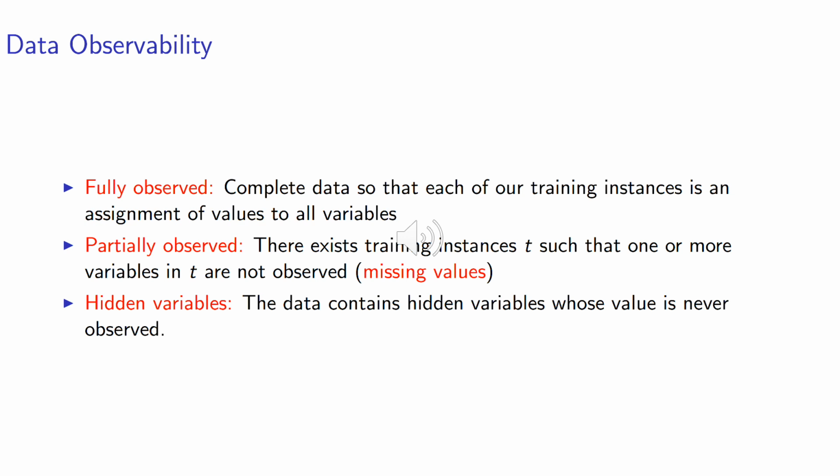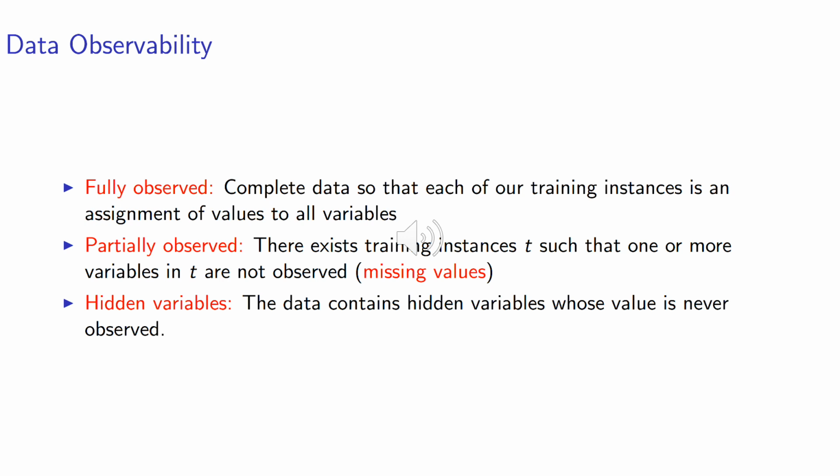Namely, there exist training examples T in the training data such that one or more variables are unobserved in T. The final case is the hardest case, where some variables in the graphical model are not observed at all, and those variables are called hidden variables.